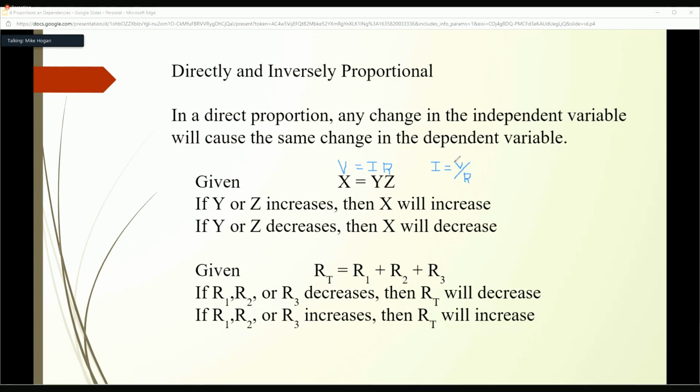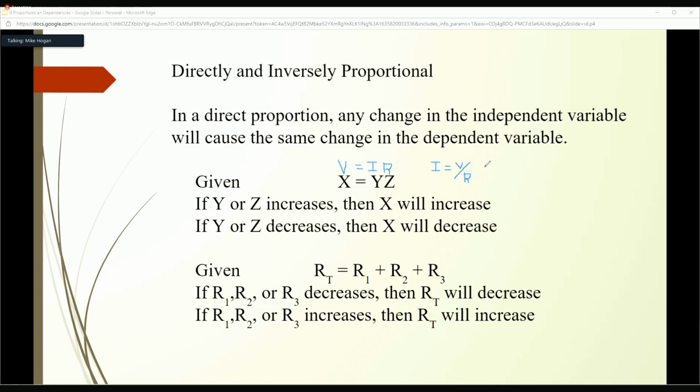So if I have voltage, and let's just say I leave voltage the same, and I increase the amount of resistance, well, that means I'm dividing the number that hasn't changed by a larger number. Well, that means I get a smaller number, right? Like, let's just put some numbers in here.